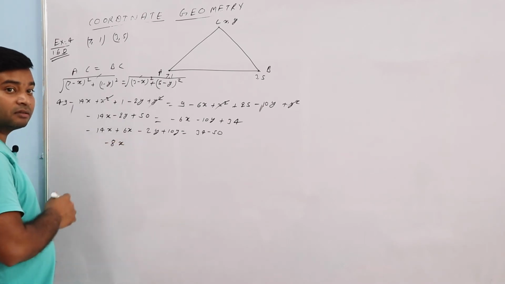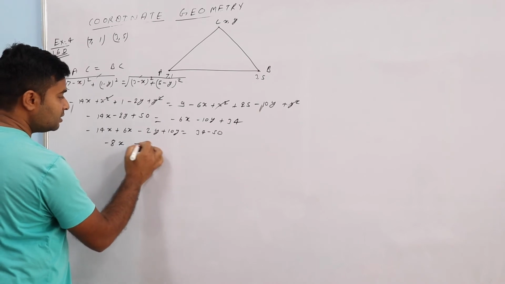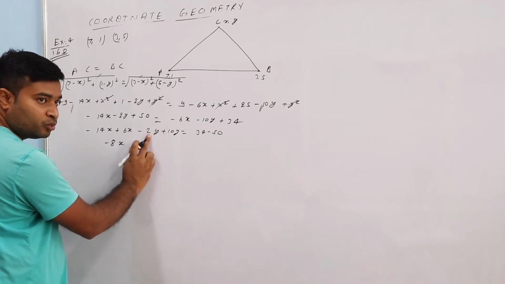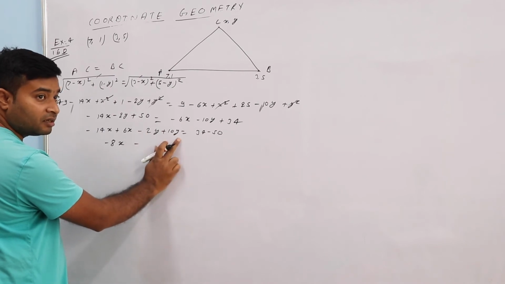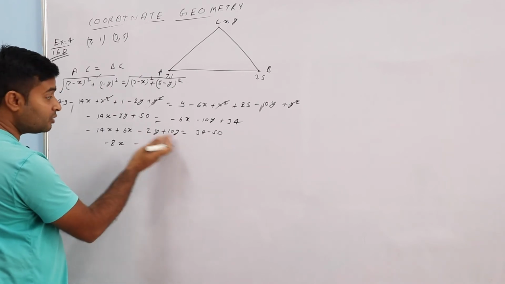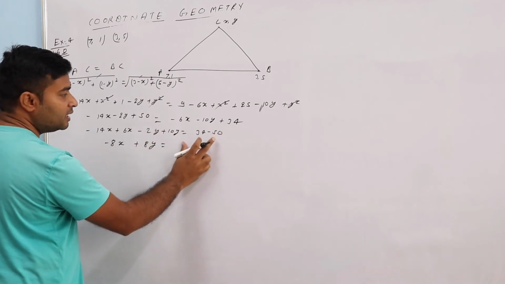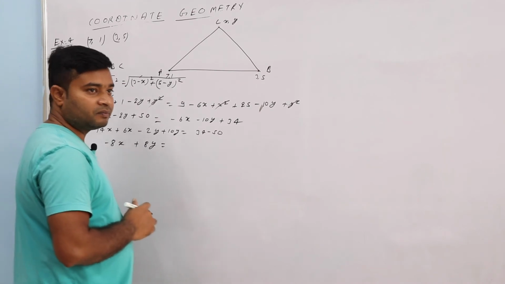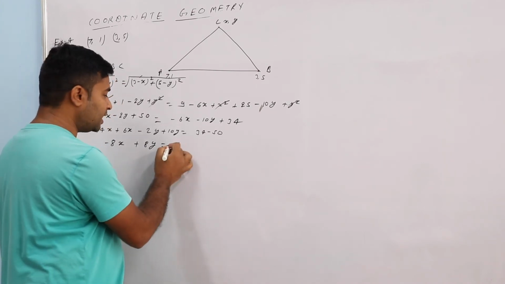Now speak it, x. Here minus 2y plus 10y, 10 minus 2 how much? Is equal to here 50 minus 34 is 16, that too minus 16.